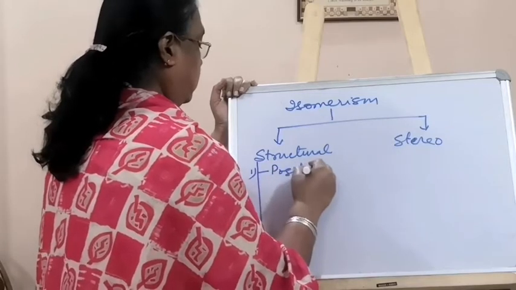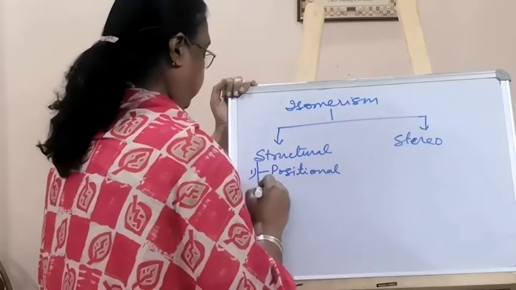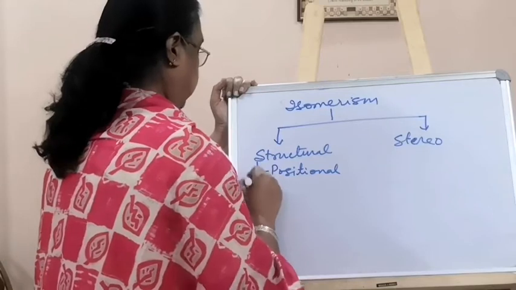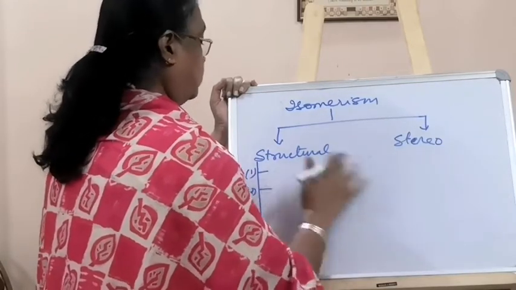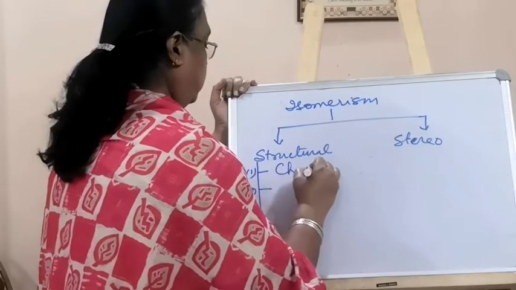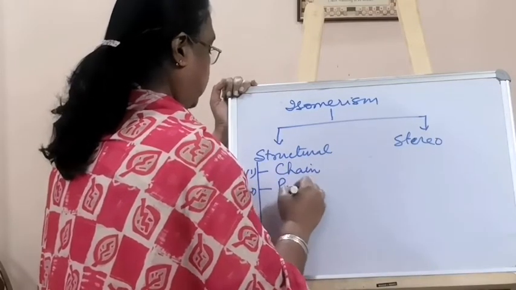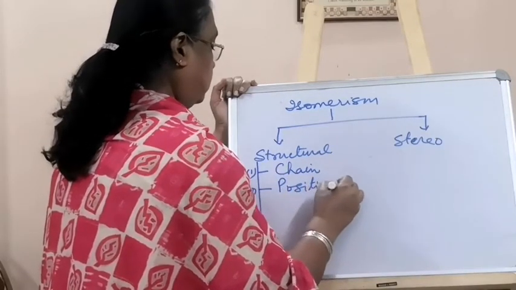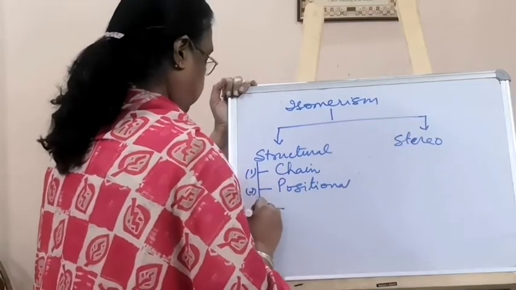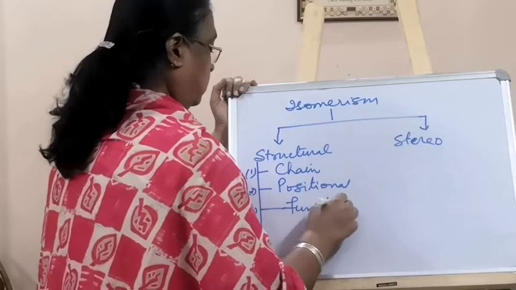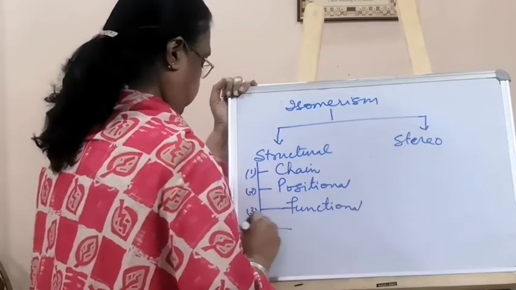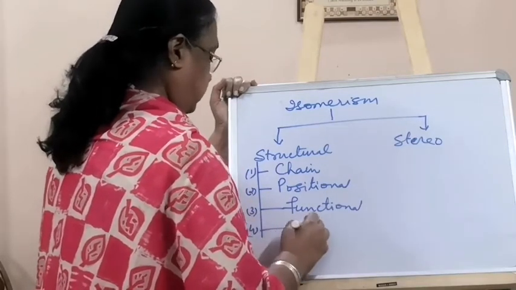Structural isomerism is of different types. First is chain. Second is positional. You must be having a little idea about it. Third is functional. Fourth is metamerism.